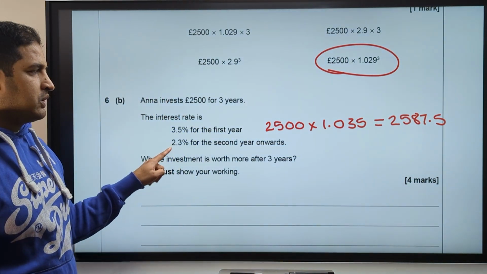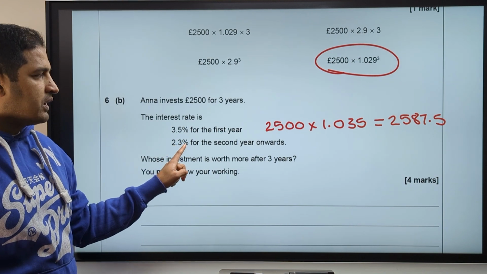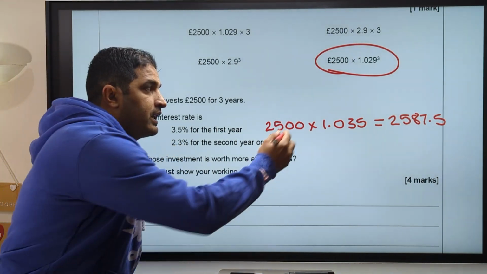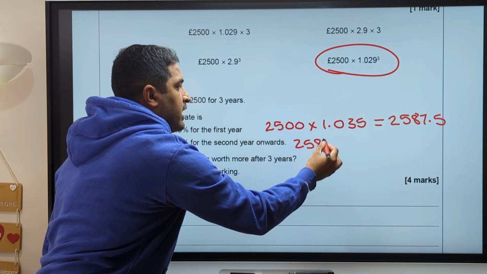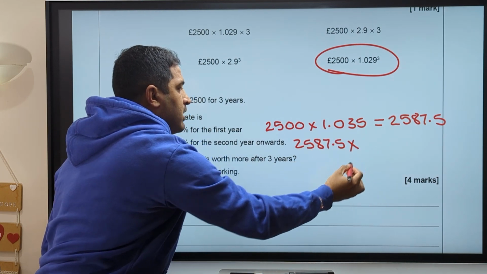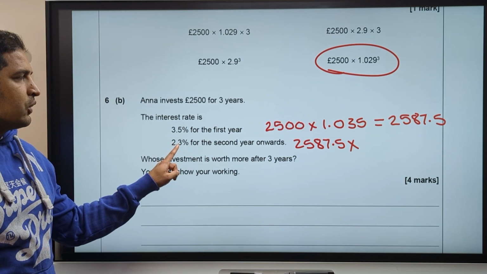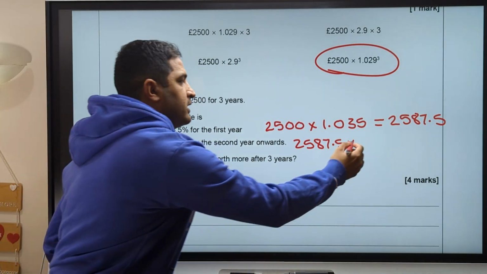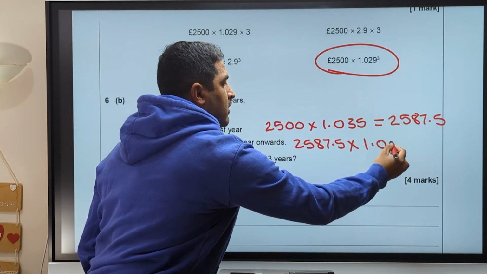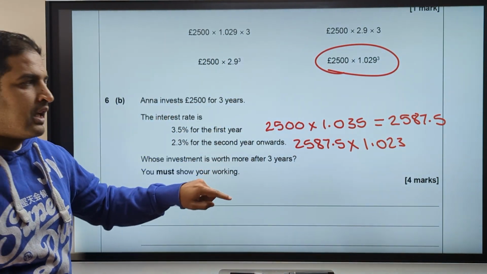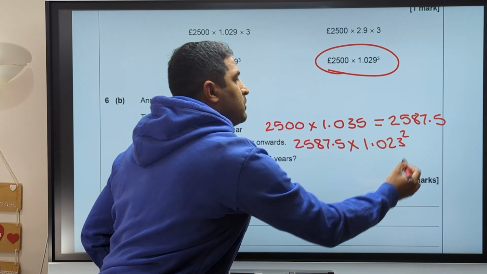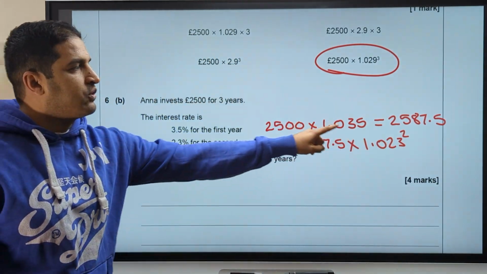And then for the next 2 years, she would get 2.3% onward. So we take that amount at the end of the first year, 2,587.5, and multiply by 1.023, because that's the amount of the interest you'll get the second year. And that's the amount of the interest she gets the third year as well. So we're getting it for 2 years, that same amount. So we square that.